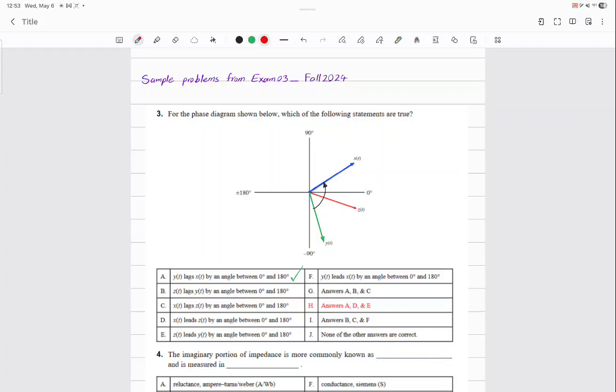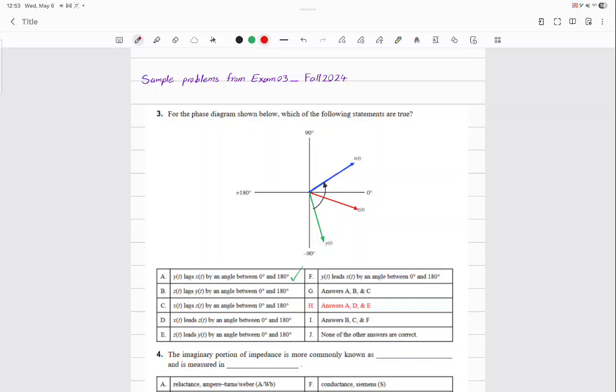Where is Z? Z is the red one. Z lags Y. What does it mean? It means that Z is chasing Y in the counterclockwise direction. How should I draw the angle if Z is following Y?